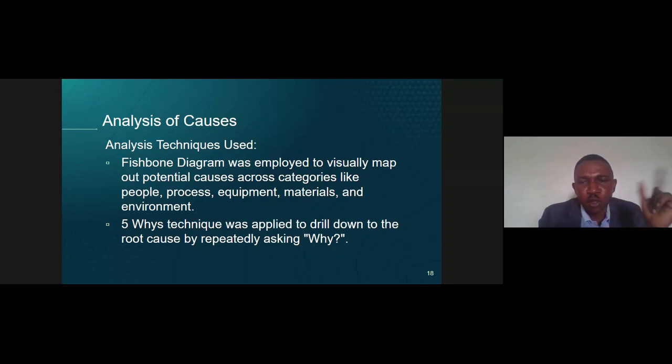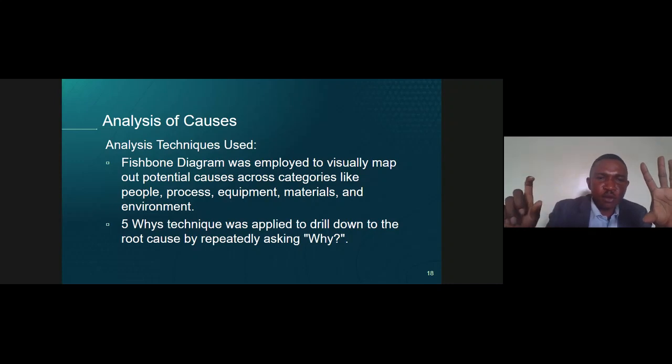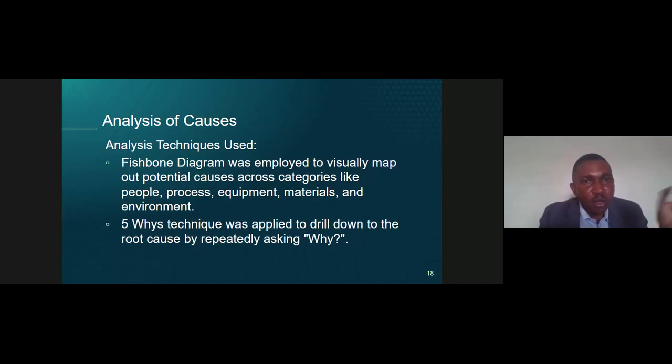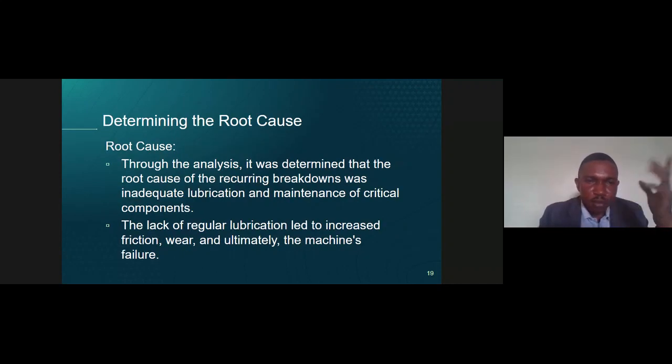The fishbone diagram helped them identify the people, the process, the equipment, material, and even the environment. And the 5 why says the reason why all of this happened. So carrying out root cause analysis does not necessarily mean that you have to use just one method. You can combine 2 methods to carry out your root cause analysis, so that you can get the reason why that problem is happening.